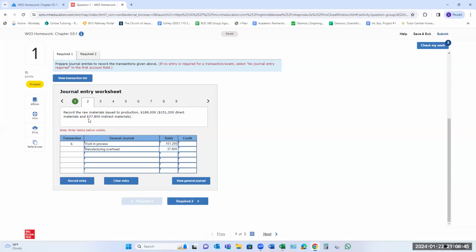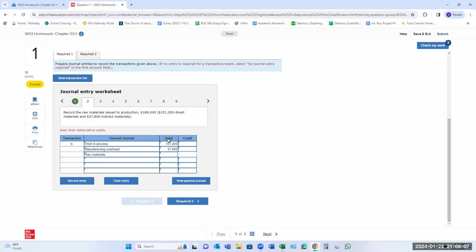My 151,200, 37,800. So if I'm taking raw materials out and issuing it to production, then the credit is going to be raw materials because it's coming out of raw materials. And raw materials is a normal debit balance, so to take it out, it has to be credited.